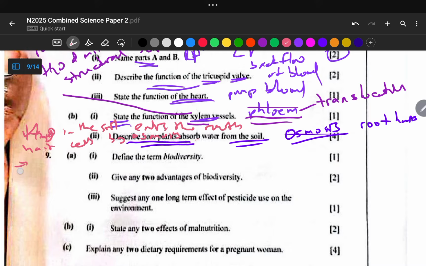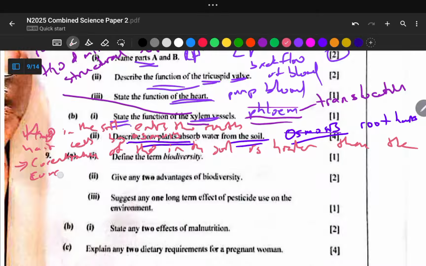So you're going to say that the concentration of water in the soil is higher than the concentration of water in the cell of the root.